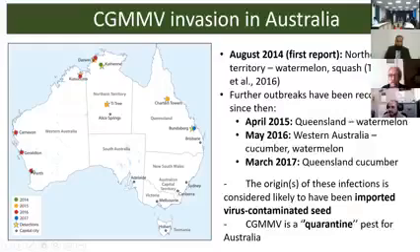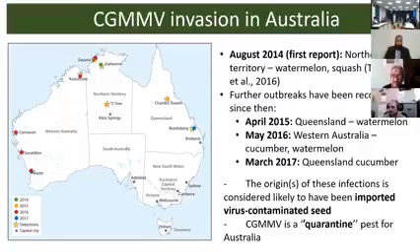Now, let's go to Australia. The first report in Australia was in August 2014, and that was in watermelon and squash in the Northern Territory.